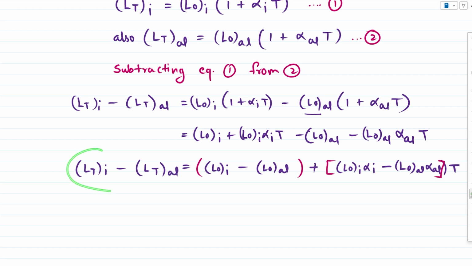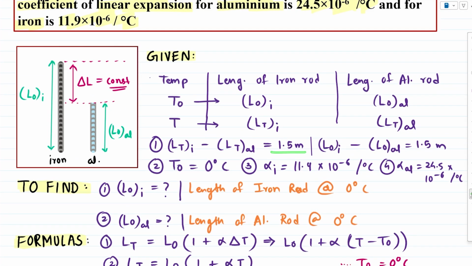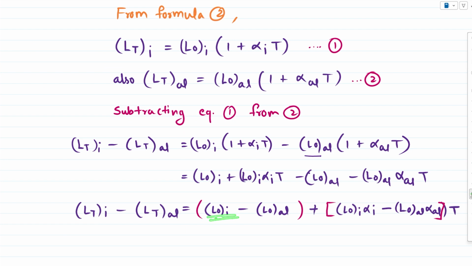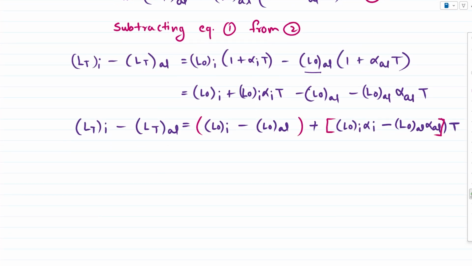Now, this term's value we know, it is equal to 1.5. It's given to us. We also know what L naught of I minus L naught of AL is. That is also 1.5, because the difference of lengths is always constant for this condition. So let us substitute this value. So we get 1.5 is equal to 1.5.